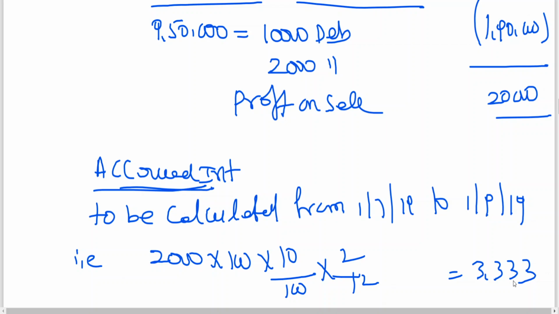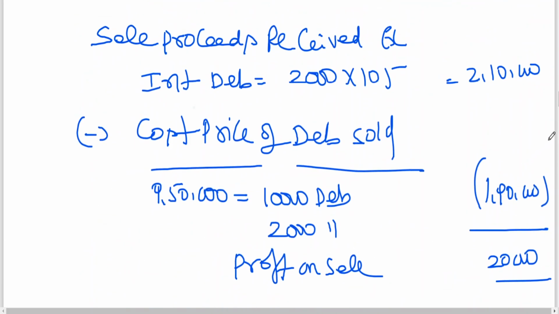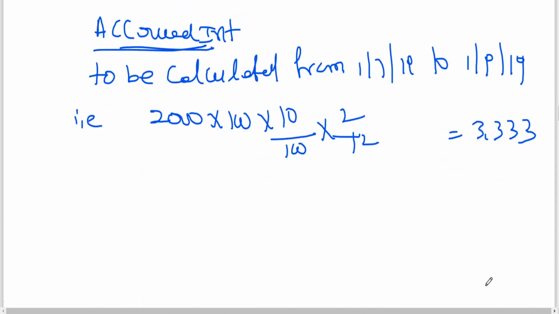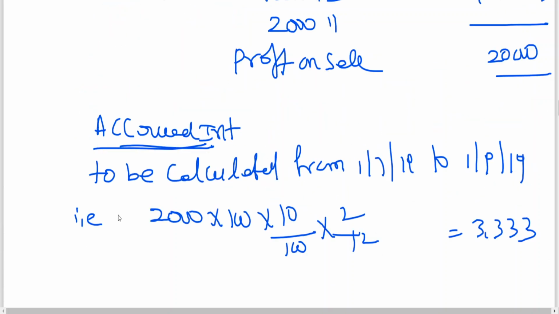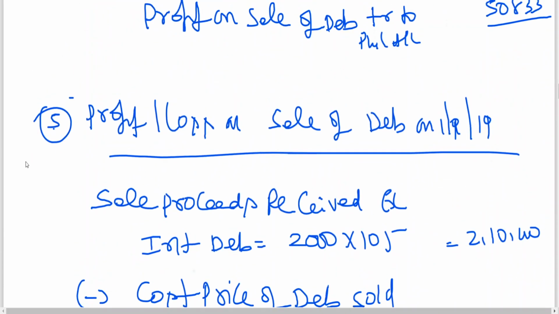I repeat once again, 20,000 into 100 into 10% into 2 by 12 is 3,333. It will be taken to which column? Interest column. That means the company, the selling enterprise, is receiving 2,10,000 plus 3,333, that is including accrued interest. So sale proceeds will be taken to the cost column. Clear?